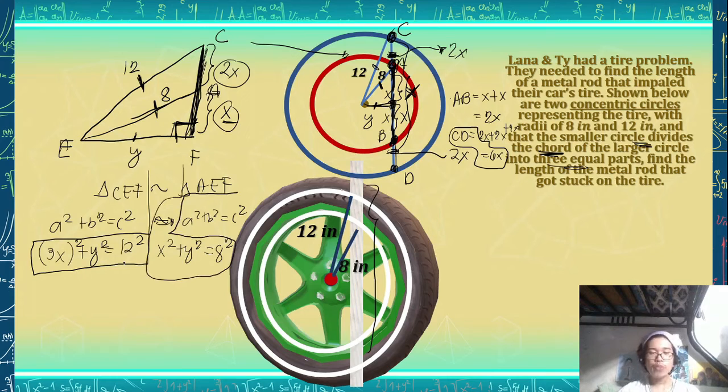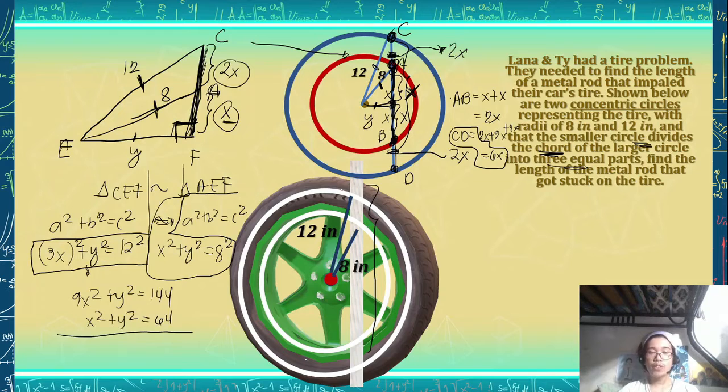And therefore we have these two equations that we can simplify much further. So what's the quantity 3x squared? That should give us 9x squared plus y squared is equal to 144. 12 squared is equal to 144. And then we have x squared plus y squared is equal to 64.